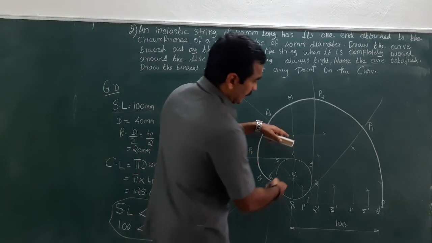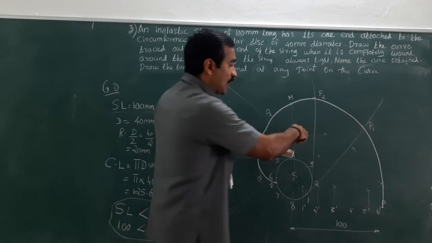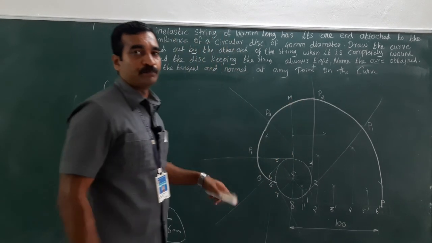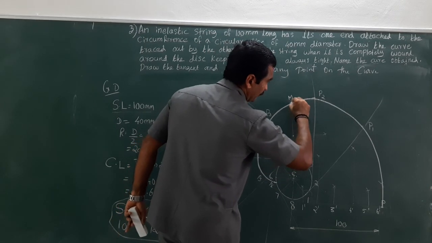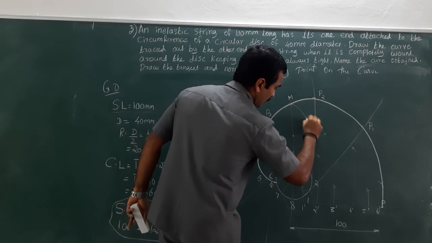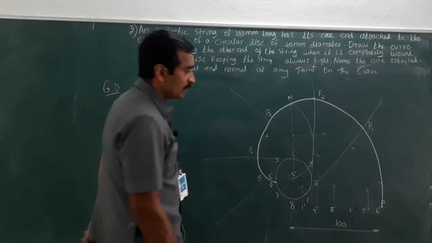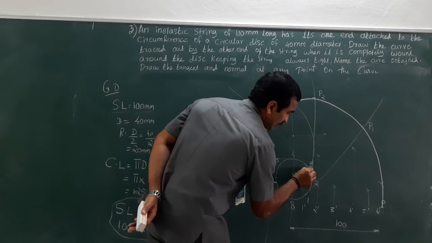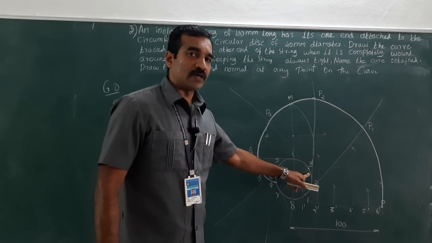Now measure the distance in your compass, midpoint to C, or midpoint to M, both are the same, right? Keeping at the midpoint, draw a semicircle till it meets C. So look at here, by drawing the semicircle, it is intersecting on the disk or the circle.